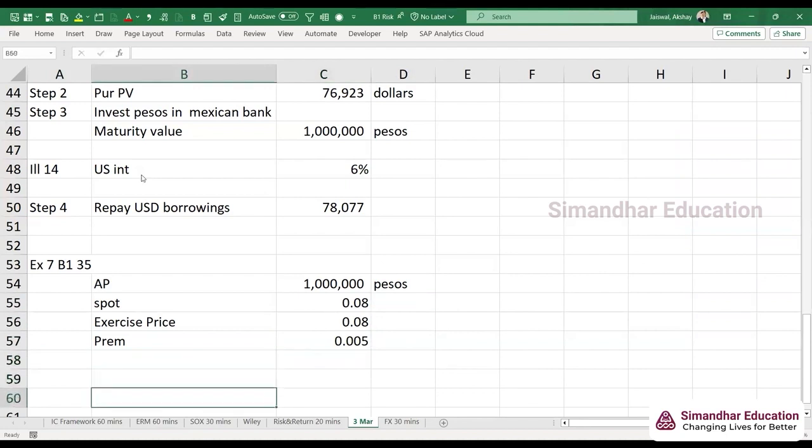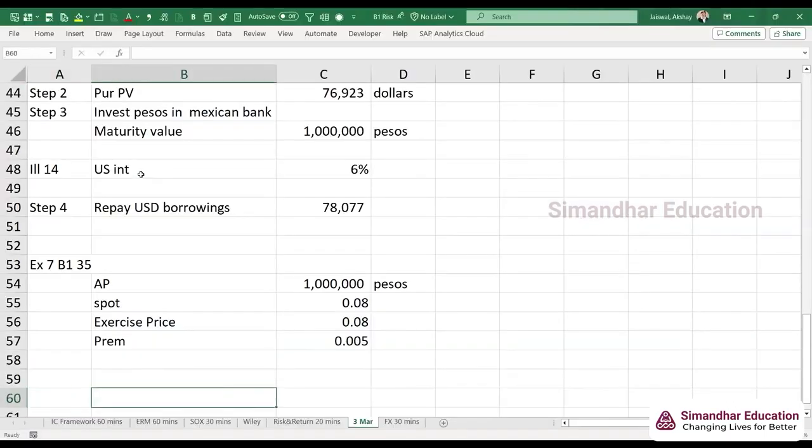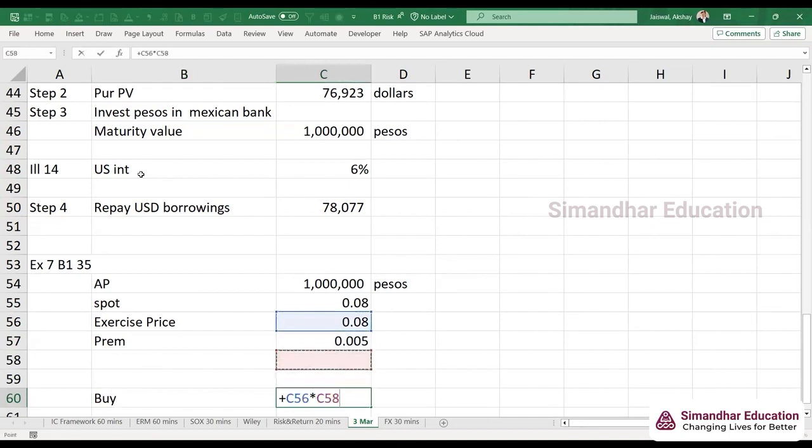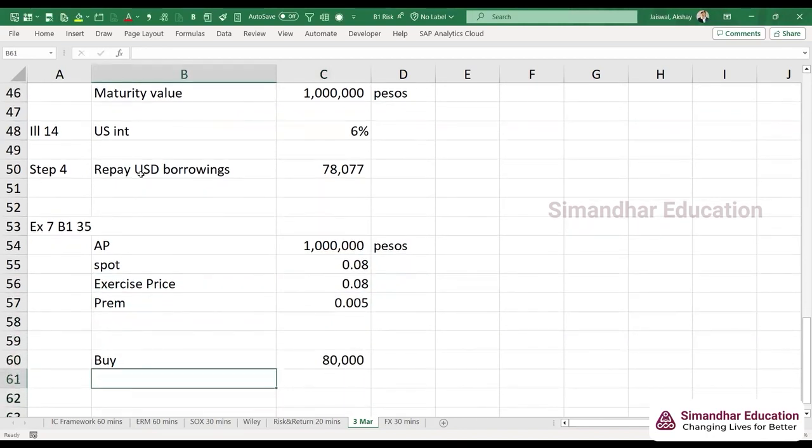Now let's say on the date it actually increases to 0.10 after 30 days. So what will happen? We will buy at 0.08. That means we'll have to give $80,000, correct, to buy 1 million pesos. But from the market, if you would have bought, then at what rate? 0.10 it will be, right?